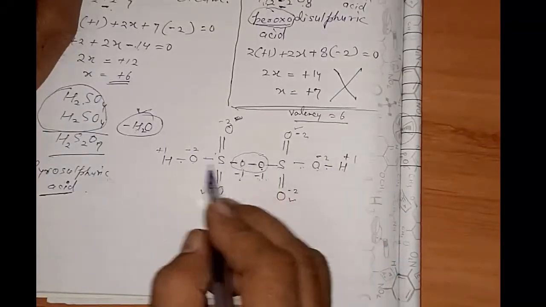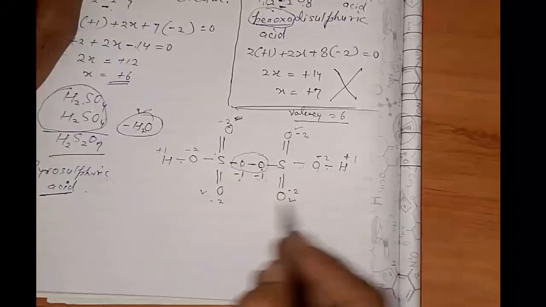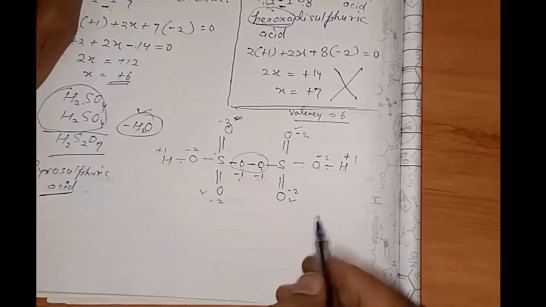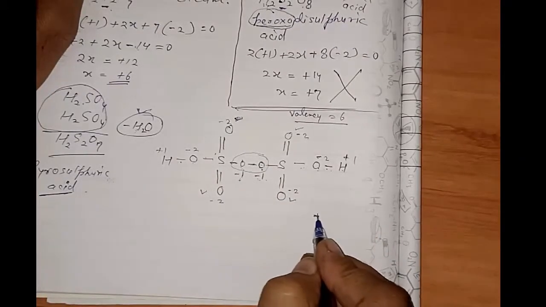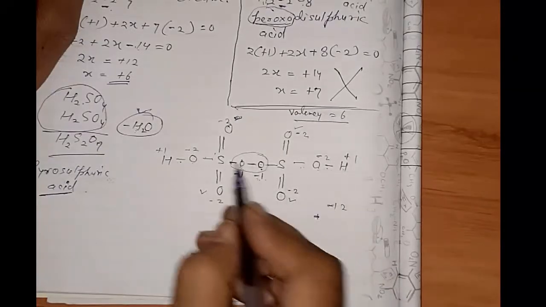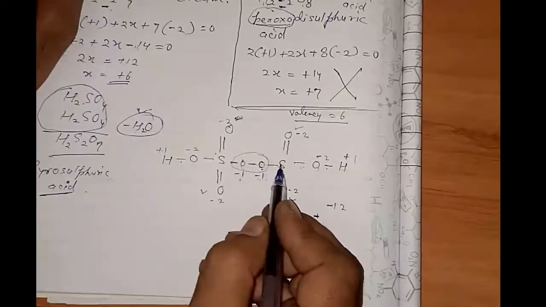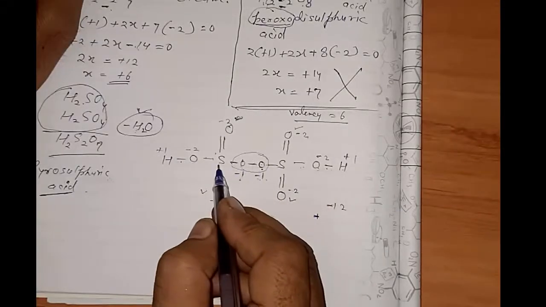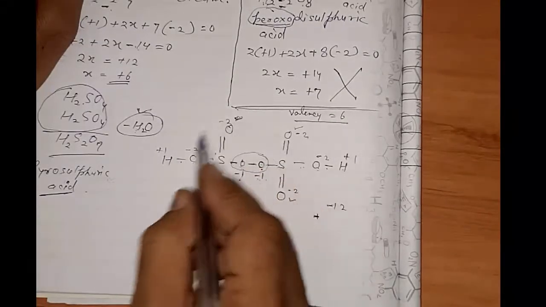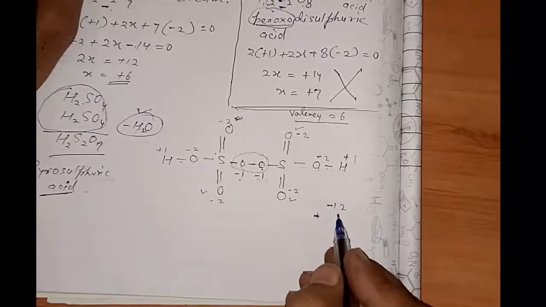The total of all the oxidation numbers is -12. Opposite to this must be the two sulfur atoms here.